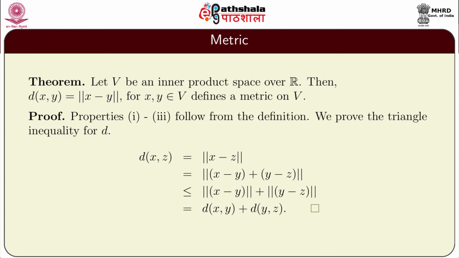What is interesting is that if we have an inner product space over the field of real numbers, then there is a natural metric coming from the norm and defined as d of x, y is equal to norm of x minus y for x, y in V.